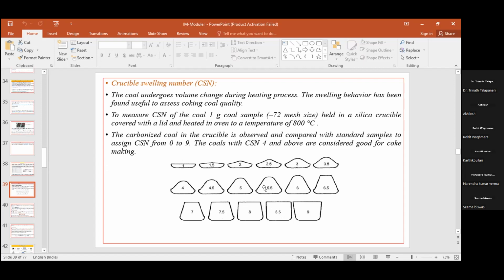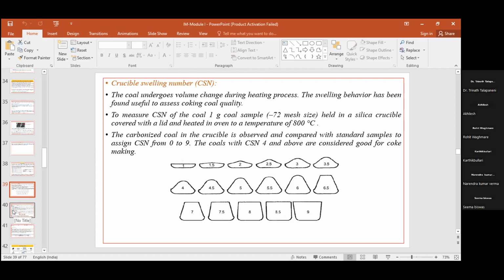So you can see here, the coals with swelling number 4 and above are considered as good coals, and those can be used for the coke making process.